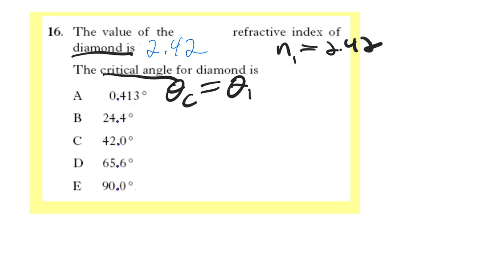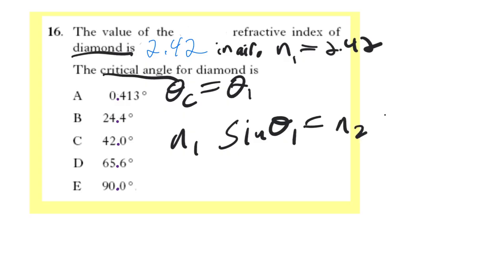Now, what's the value of n2? I have to say it's in air. The critical angle will be different if it's in a different medium, like if the diamond was underwater, which we'll do in the next problem. So we're going to do n1 sine of theta 1 equals n2 sine of theta 2.